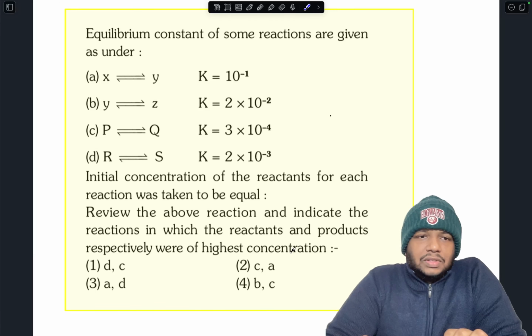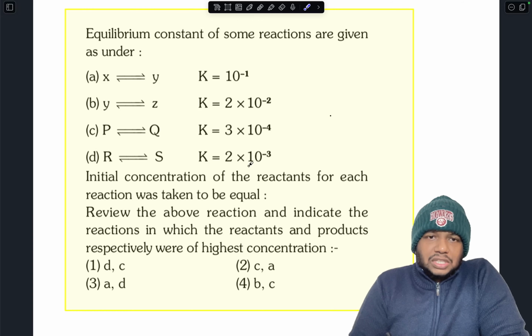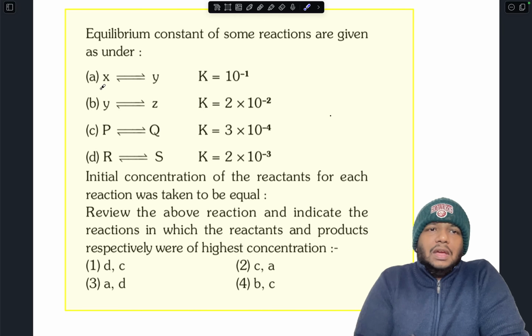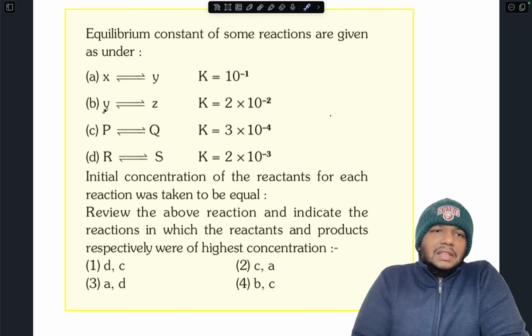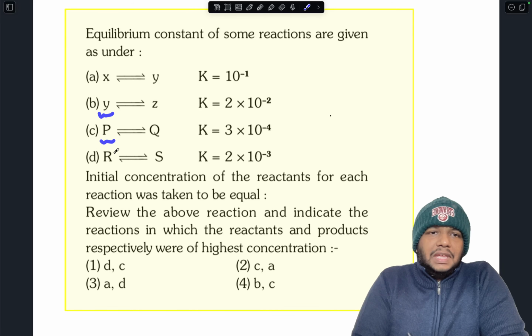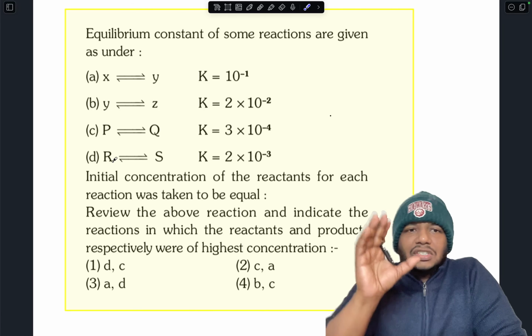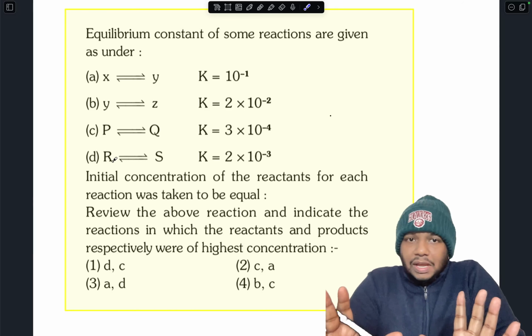Now the question here is, the initial concentration of the reactants for each of the reactions was taken to be equal. That means the initial amount taken for X, let it be 1 mole per liter, is the same for Y, P and R. So they are taking the initial concentration as the same.